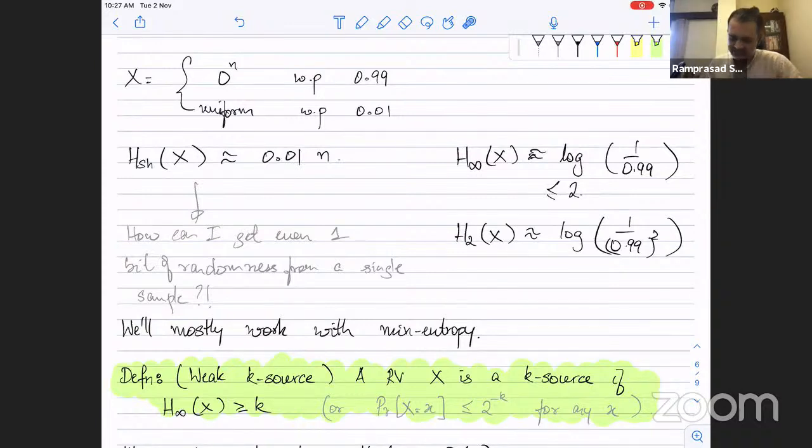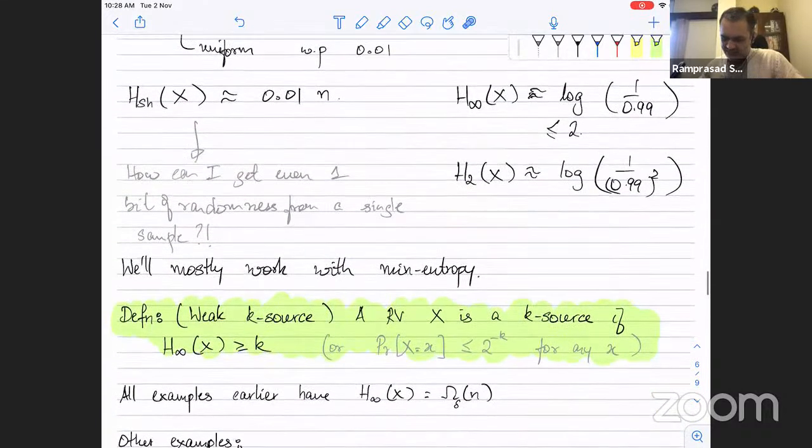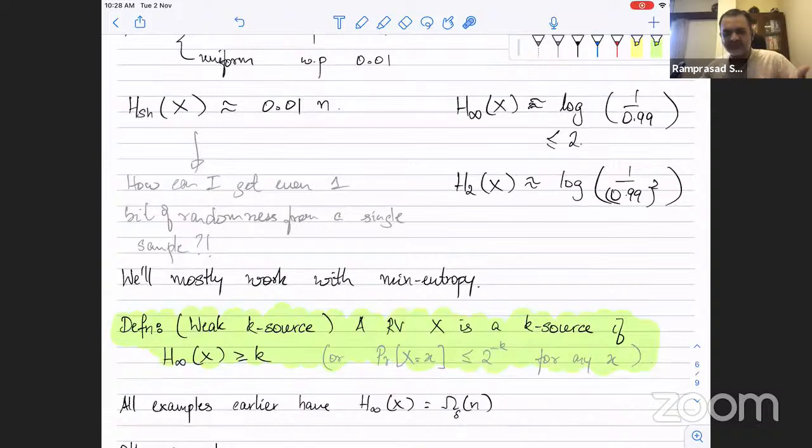As I mentioned earlier, min entropy is just saying that you never get a value that is too likely. For any sample, there's at most a 1 over 2 to the k chance of receiving it, and that k is the min entropy parameter. I will let you check that for all the previous examples that we saw, the independent bits, the Santha-Vazirani source, etc., the min entropy is about omega n.